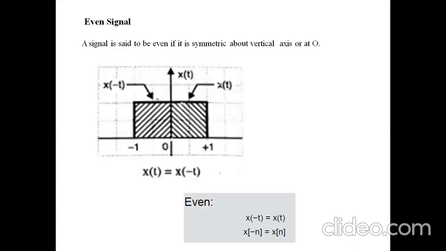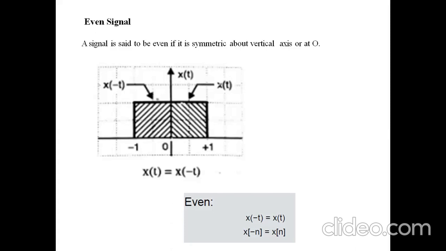So you can write its mathematical expression as x of t is equal to x of minus t, or in terms of a discrete time signal, t is replaced by n, so we can write x of minus n is equal to x of n.